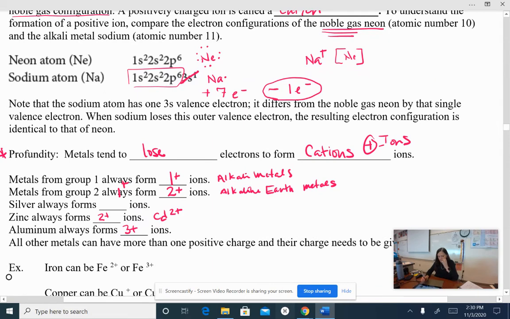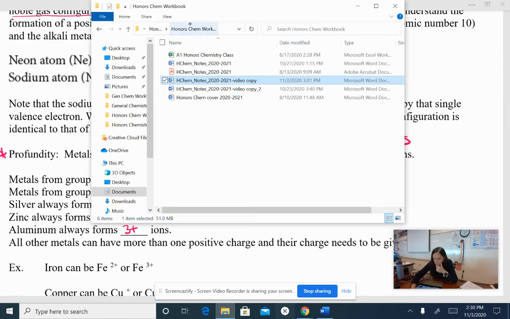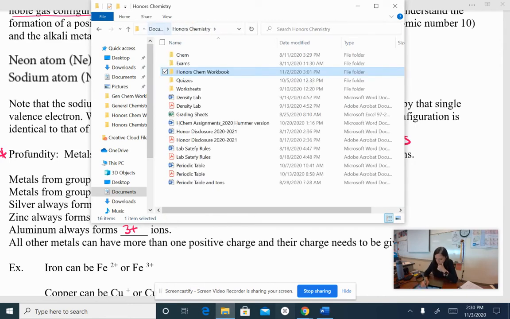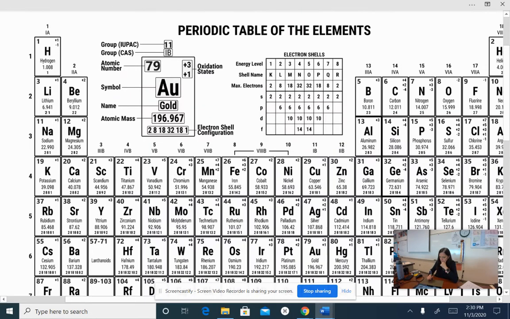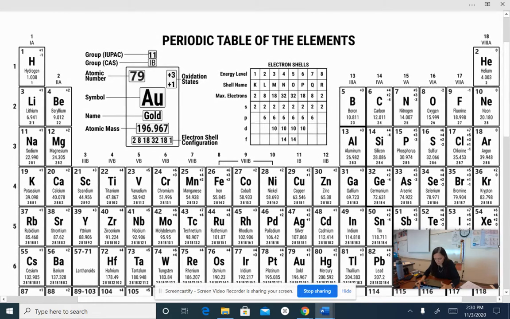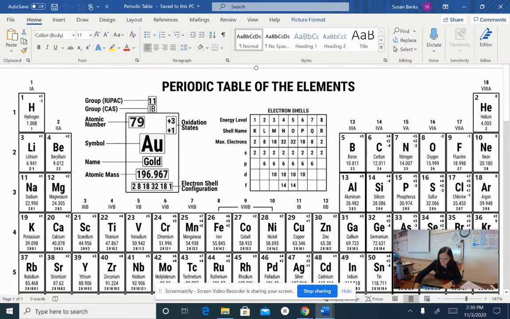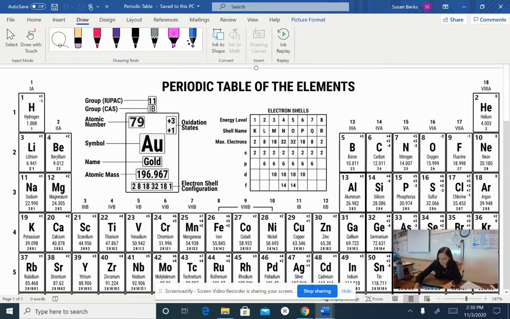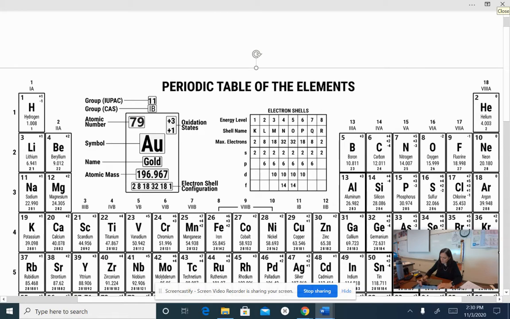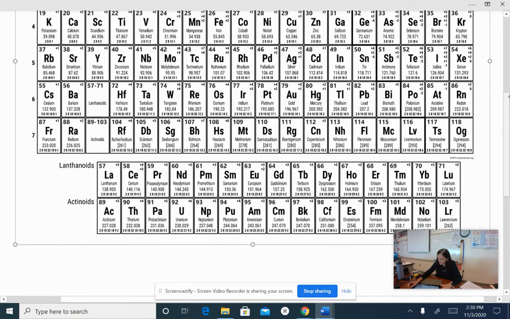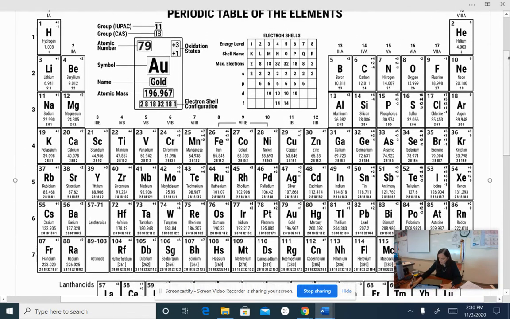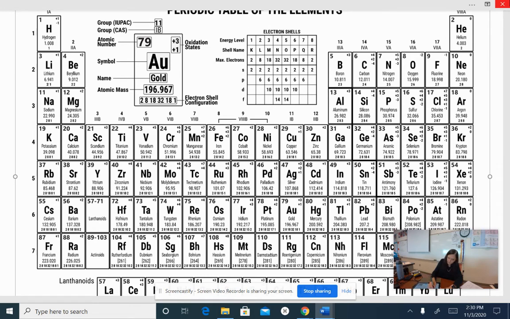In fact, we should probably do this. Let's grab a periodic table. So let's get into our periodic table and let's open this up. Let's highlight these. Let's start with our highlighter. So group 1, here we go. Let's see if we can get this on frame.